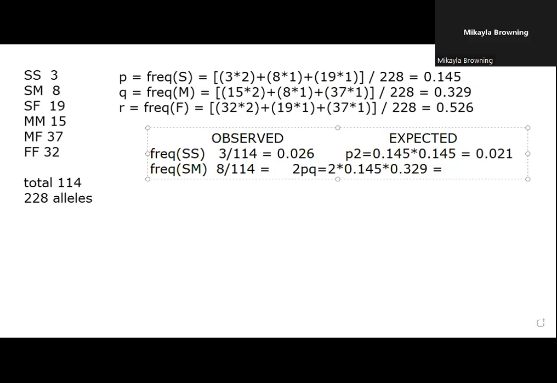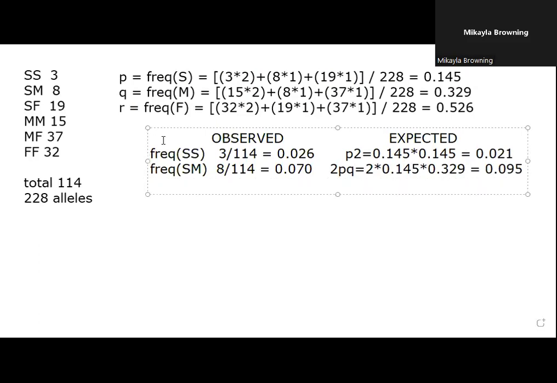Observed is 0.070. Okay, and our expected is 0.095. All right, 4 more to go.